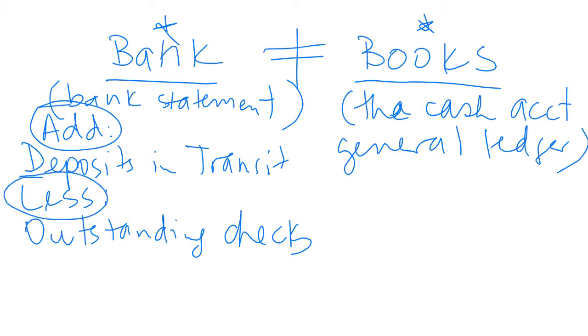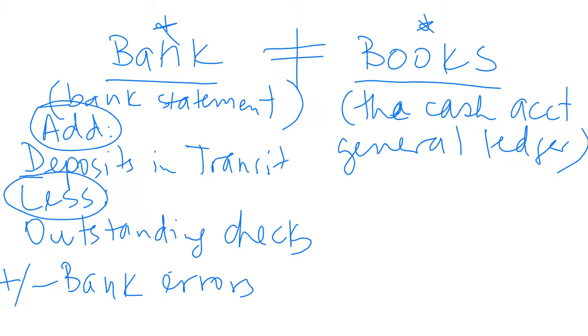The last reconciling item would be bank errors. Those bank errors would be either a decrease or an increase to the bank balance, so they could be a plus or a minus depending on what the error is. The errors are always recorded on the side of the reconciliation of the party that made the error.